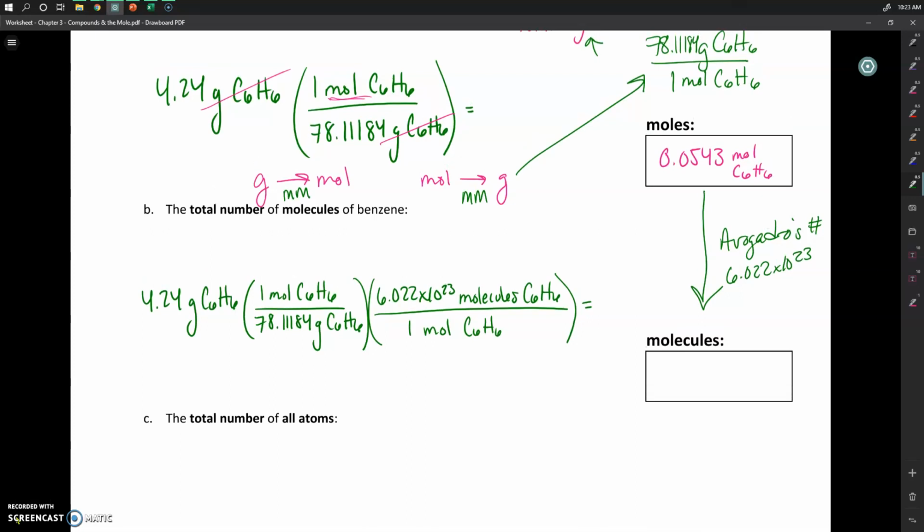But notice that if we start with grams and we want to end up at molecules, we have to go to moles first. So our roadmap here is grams to moles and then moles to molecules. And remember, moles are a way of expressing the number of molecules. It's just a unit of molecules. So we could have also done grams to dozens, to number of molecules.